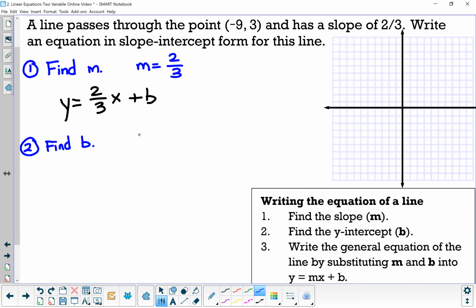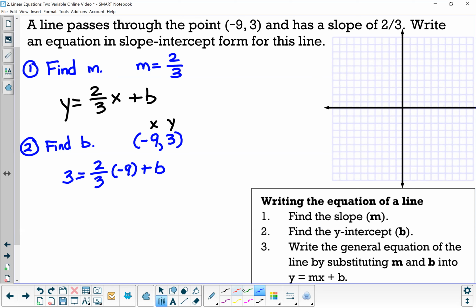If I have negative 9 comma 3, I know that negative 9 is an x value and 3 is a y value. So I'm going to substitute that into the equation that I have so I can calculate b. So I have 3 equals 2/3 times negative 9 plus b.